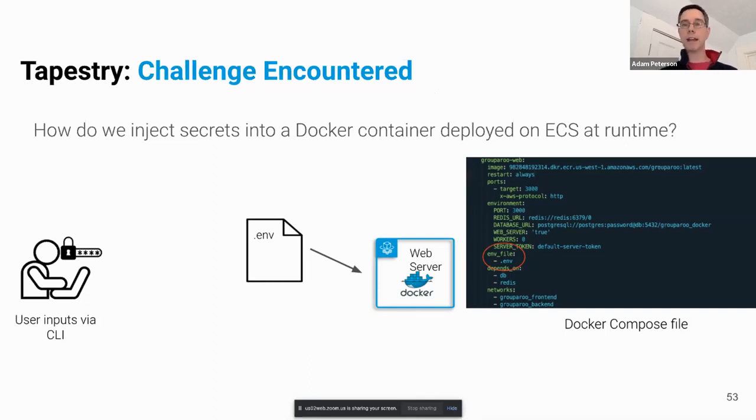The Docker container could now access any variables we provided in this file. But since we were not receiving the user inputs until runtime, this .env file had to be dynamically generated after these inputs were received via the CLI, but before the container could run on ECS. So our solution was twofold.